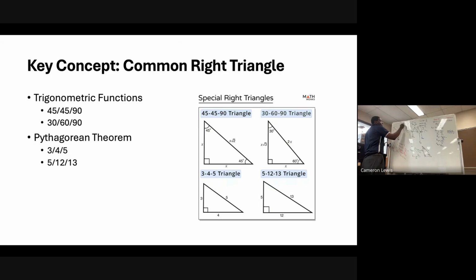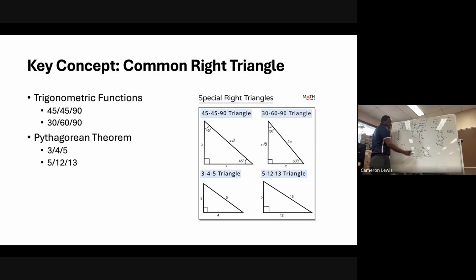Now we have 30, 60, 90. Across from the 30, we have x. Then across from the 60, we have x times square root of 3, right? And then on the hypotenuse, we have 2x, correct?